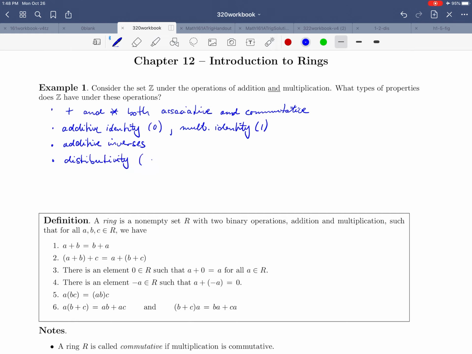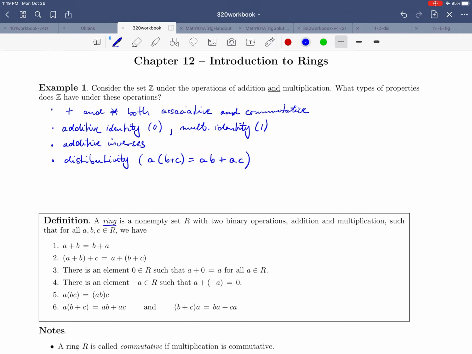That means that when we have A times B plus C in parentheses, we can distribute the A over the sum B plus C. So this is equal to AB plus AC. Those are some of the properties that the integers have under these operations, and we are going to generalize this example to define a ring.